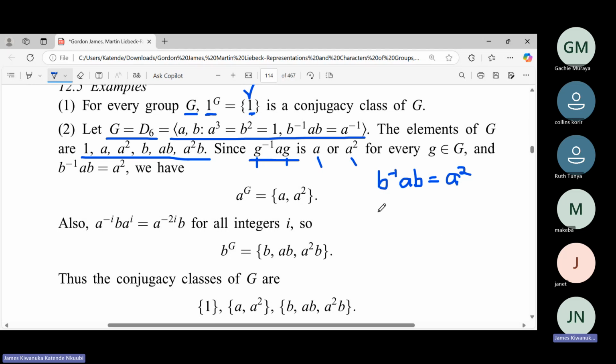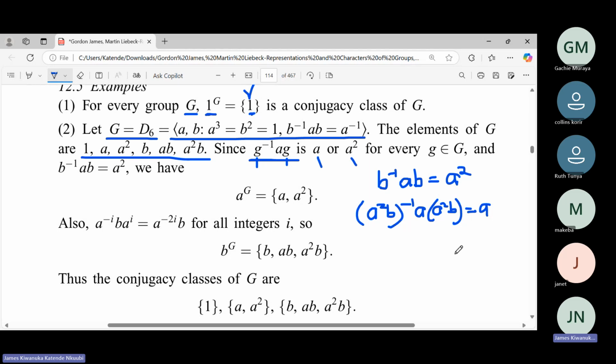You can, for instance, pick A squared, B inverse, then A, then you have A squared B. You can check that. I'm not sure what this will give us, but I think it will give us A squared. For A, you can check.